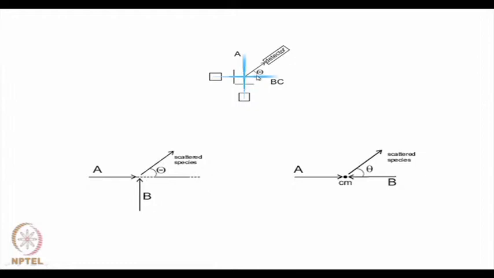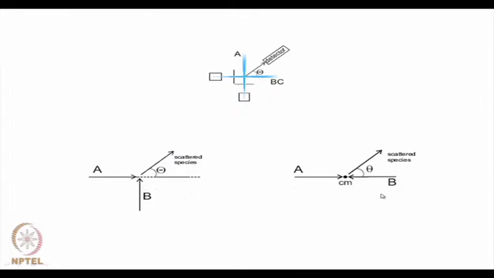Let us say it is the angle with respect to BC, and the scattered species is detected over here. Okay. So, you see this is A plus BC, this is the scattered species, and these are in the laboratory frame of reference.